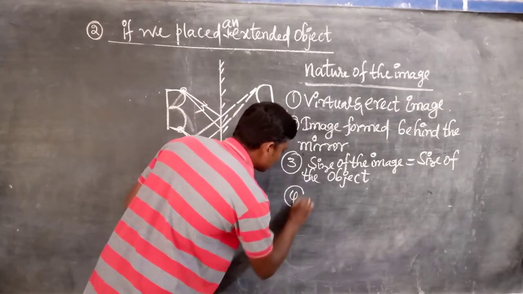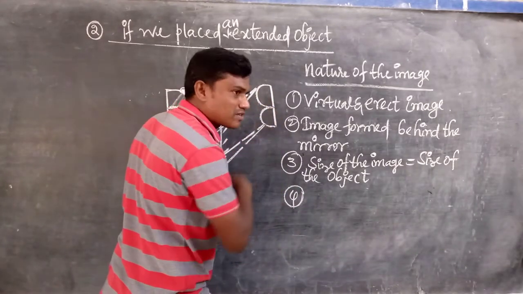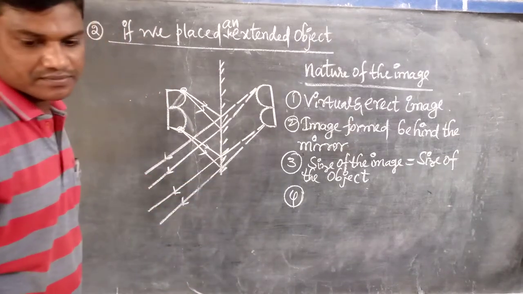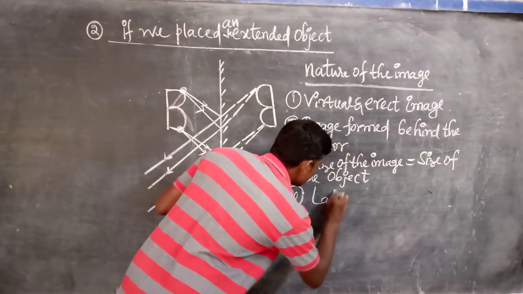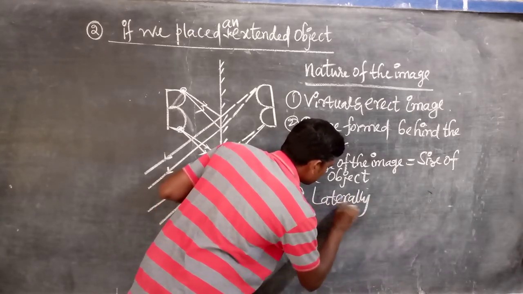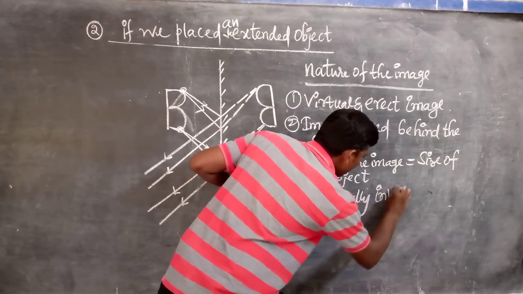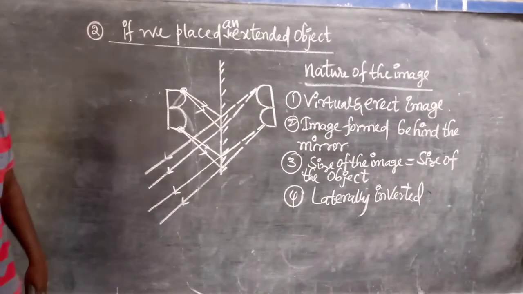Fourth one, special. It is not observed in the point size, we are observing only in extended objects. That's why, laterally inverted or lateral inversion.